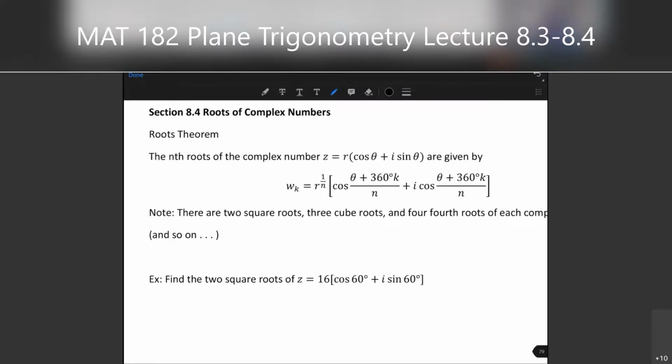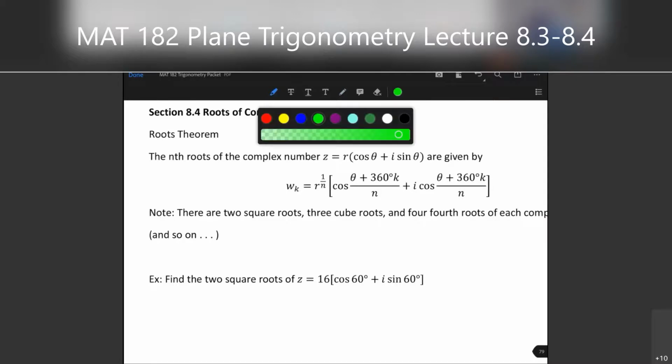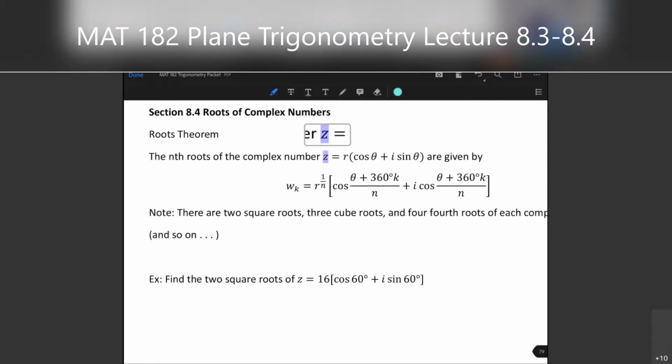The nth roots of the complex number, again, we're going to have a complex number in the form z equals r cosine theta plus i sine theta, are given in the form, we'll call this w_k, the kth root, equals r raised to the 1 over n power times cosine of theta plus 360k over n, and then same with plus i sine of theta plus 360k over n.